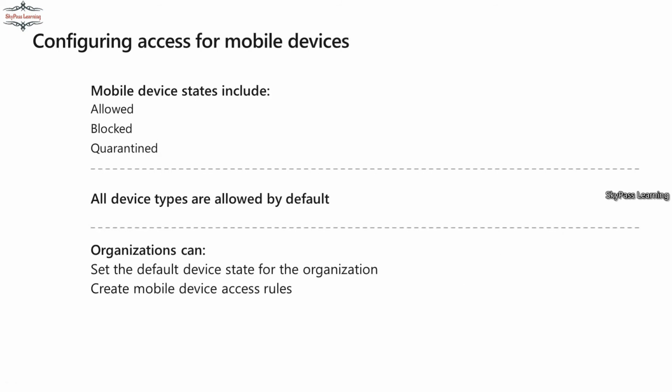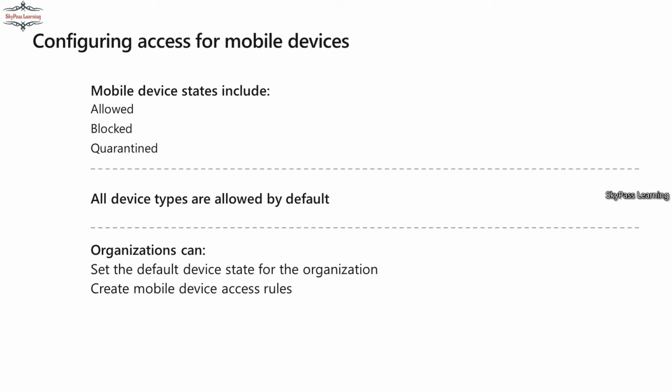Okay, configuring access for mobile devices. Mobile device policies can be applied when you are talking about Exchange ActiveSync. When you are using mobile devices, you can set an allowed, blocked, or quarantine state, so devices can be categorized in three states.